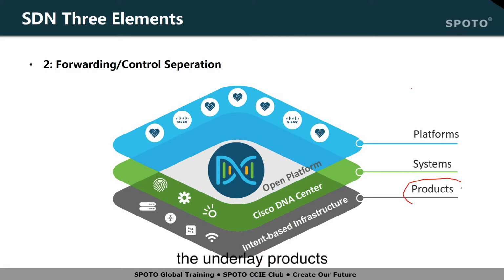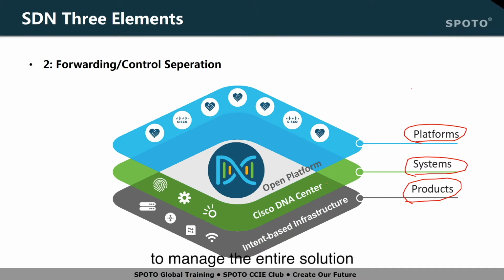The underlay products, you can use Cisco switches, routers, and wireless LAN infrastructure. In the middle, the Cisco DNA Center provides a layer of abstraction to make the physical hardware transparent to the user. And at the top, you can develop your own application to call the API to manage the entire solution, or you can integrate this solution with third-party software.